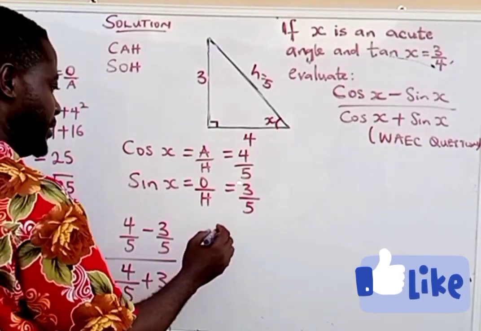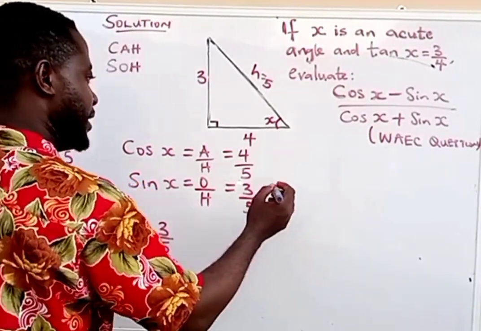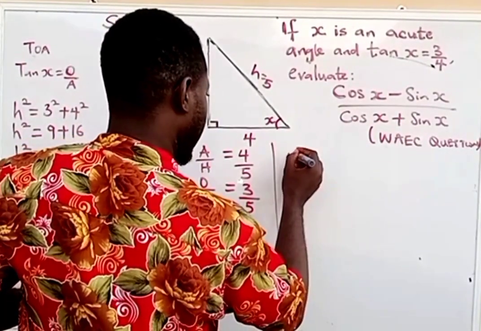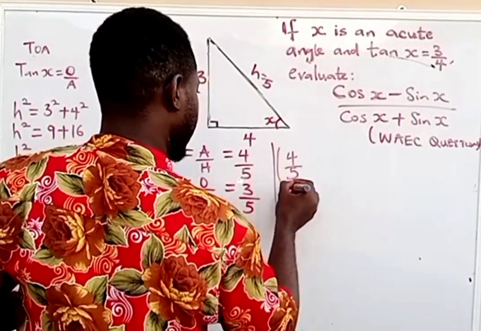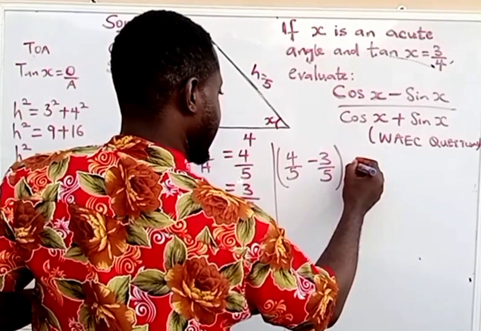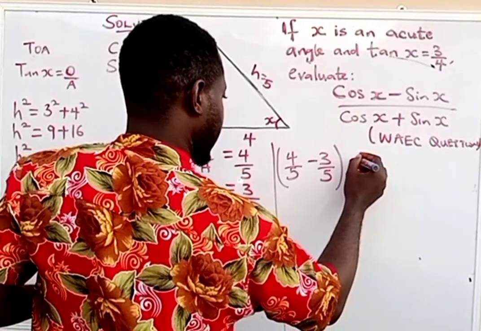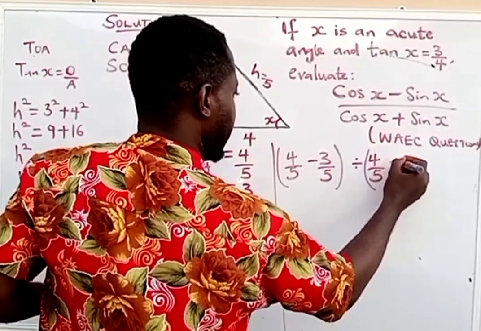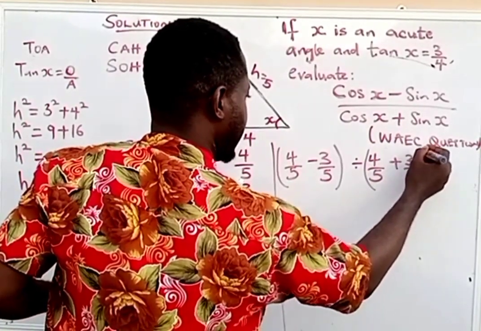Now, I can rewrite this to make it easier as 4 over 5 minus 3 over 5, divided by 4 over 5 plus 3 over 5.